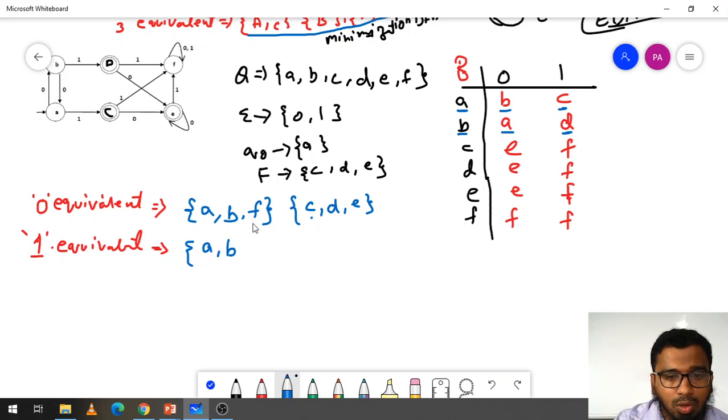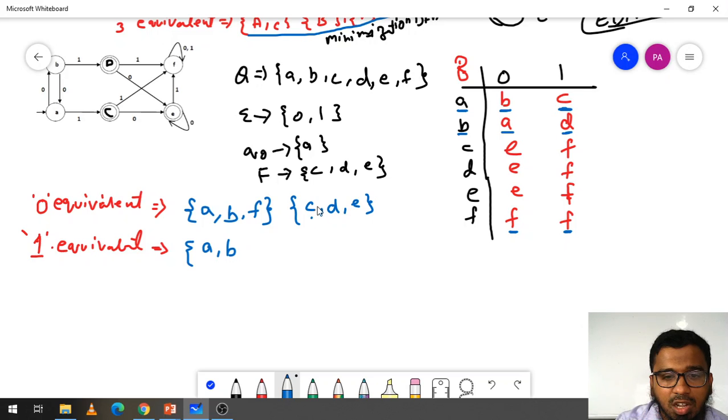Now the next one we need to check is F. You can take AF or BF, any one of these. I will check A and F. A on 0 goes to B, and F on 0 goes to F. Check whether B and F are in the same set. Yes, fine. Next, A on 1 is C and F on 1 is F. Just check whether F and C are in the same set.